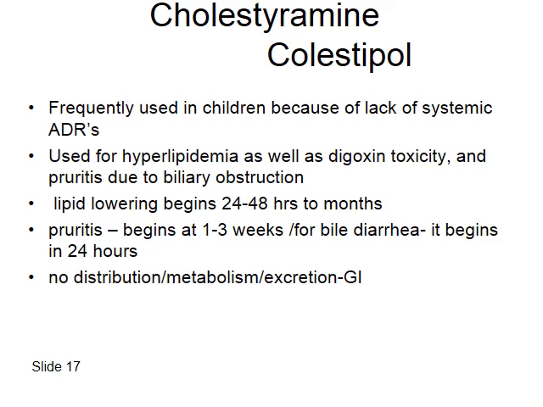So not only have they been found to be useful in hyperlipidemia treatment, but also they've been useful in the treatment of digoxin toxicity in patients who have symptoms of digoxin toxicity.